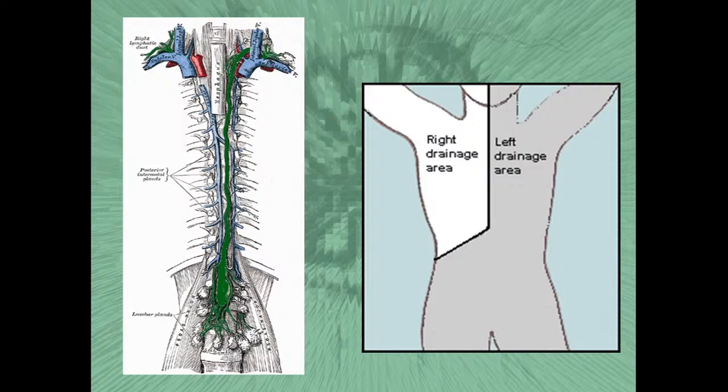There are just two lymphatic ducts in the human body, the thoracic duct and the right lymphatic duct. This one thoracic and this one right lymphatic duct.